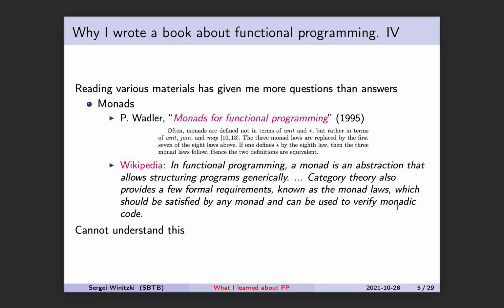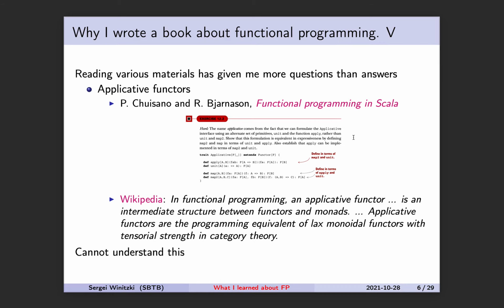The book Functional Programming in Scala also is a very good book. There are, however, some things in it that are not clear and not sufficiently explained. Here's an exercise about applicative functors. Show that this formulation is equivalent in expressiveness. I don't even know what that means. What is expressiveness?